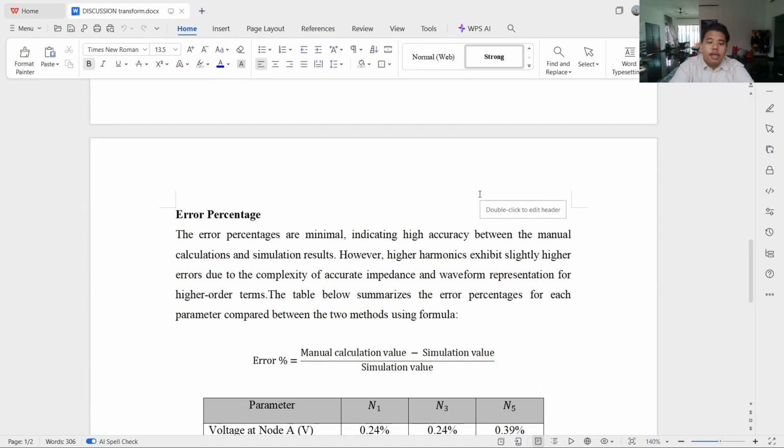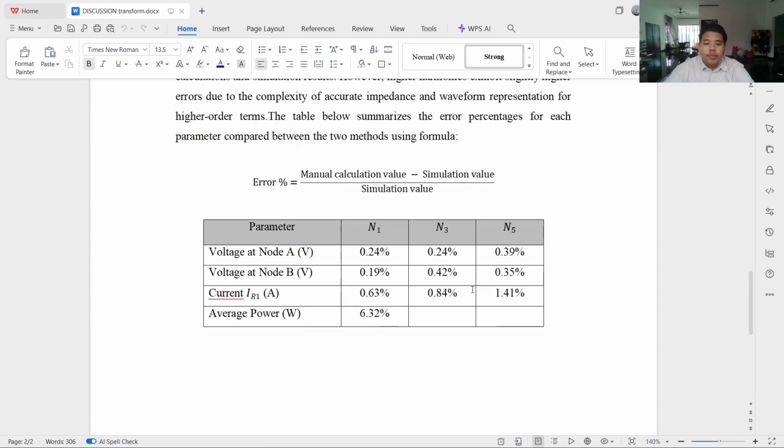The error percentage formula is manual calculated value minus simulation value divided by simulation value. This is the table we got for the value of percentage error for N1, N3, and N5. That's all from me.